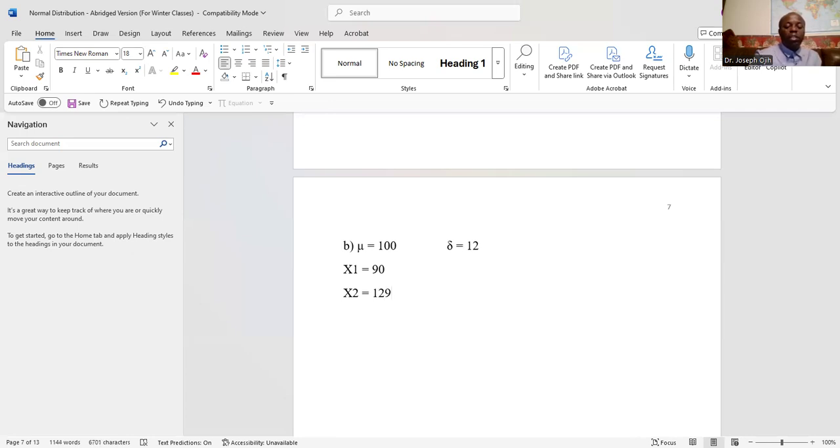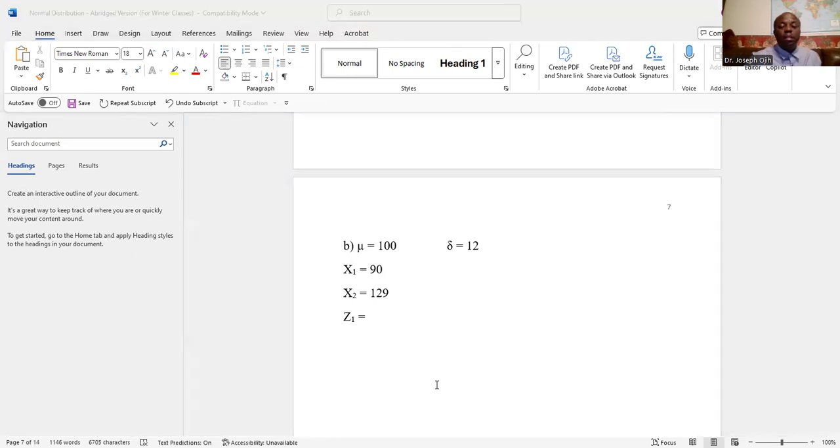We're going to transform both of them. To transform x1, we call it z1. Just making sure you're seeing all this.